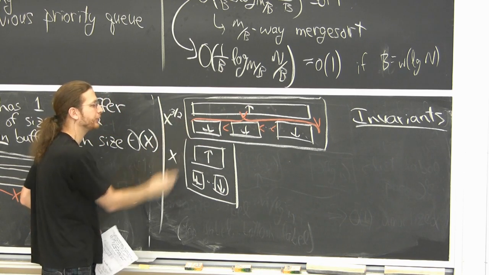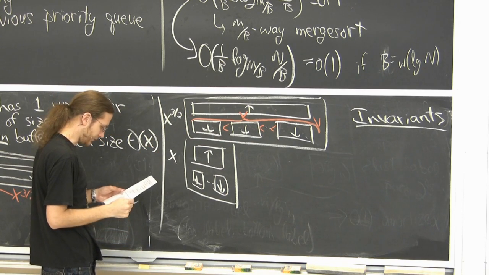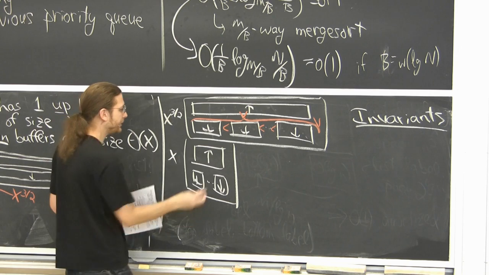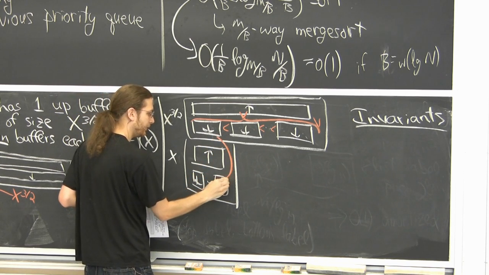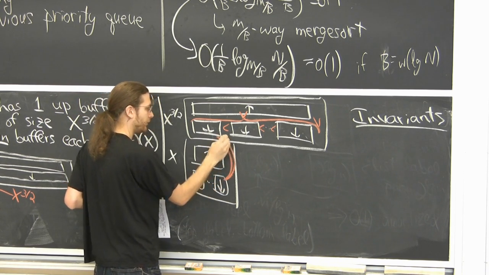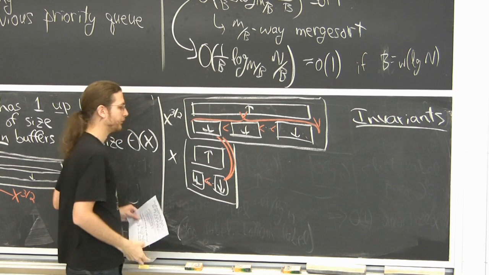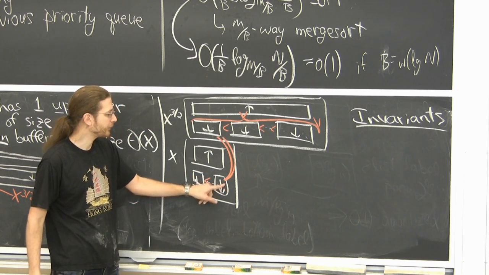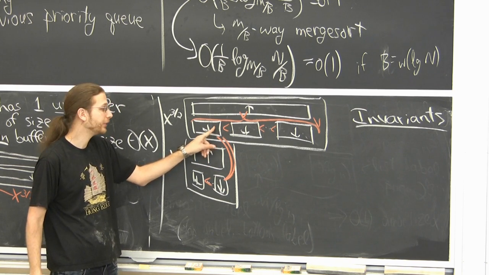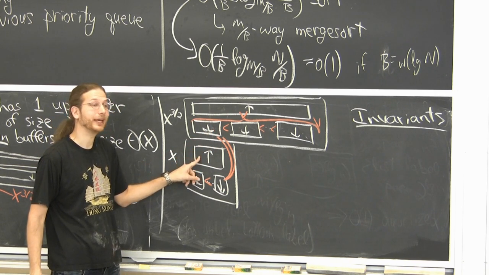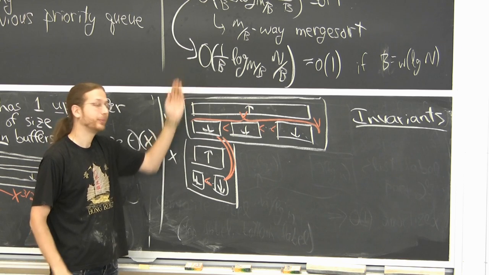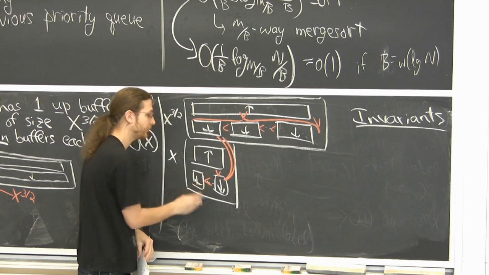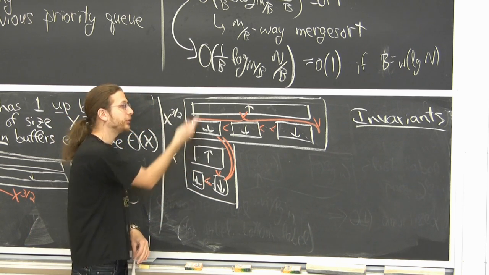Now, what about from level to level? This is a little more subtle. What we know is this. Again, we know that all the down buffers are sorted, and we know that this down buffer, all these items come before all this down buffer's items. But these up buffer items, we don't know yet because they're still moving up. They need to move up, but we still don't know how far up.